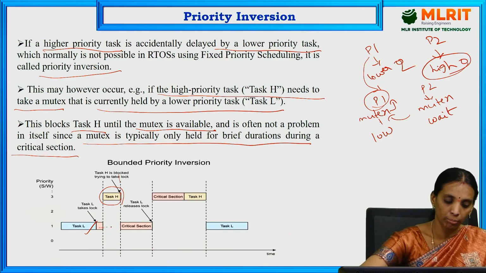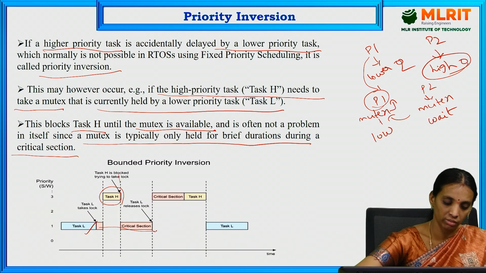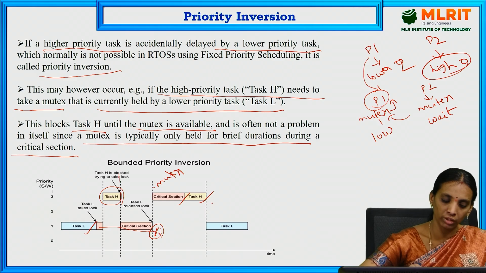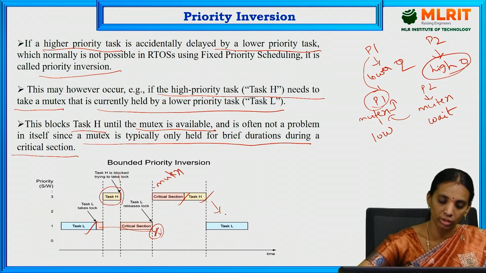After task L completes its critical section, it releases the lock. Now task H takes the mutex lock and enters the critical section, and after completion it gives the mutex back to task L.